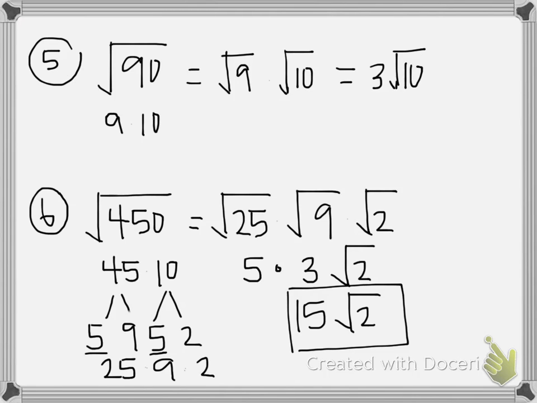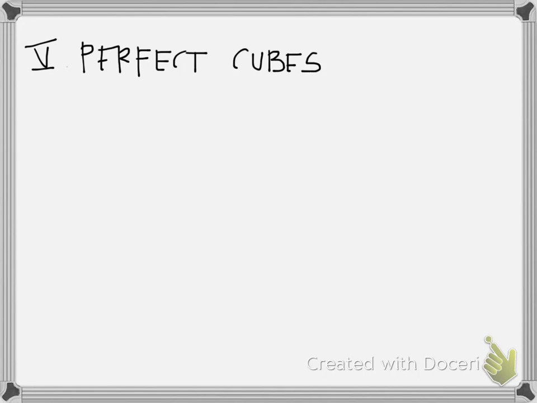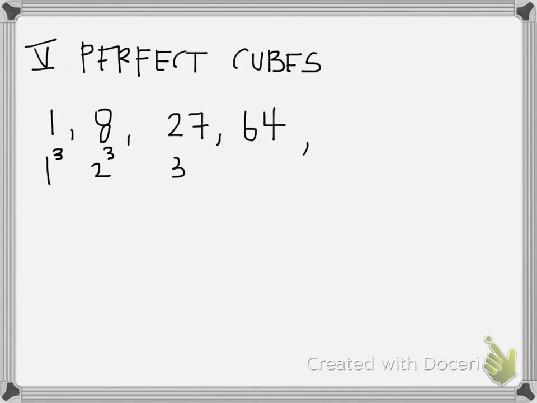Okay? What about perfect cubes? So 1 cubed is 1, 2 cubed is 8, 3 cubed is 27, 4 cubed is 64, 5 cubed is 125.